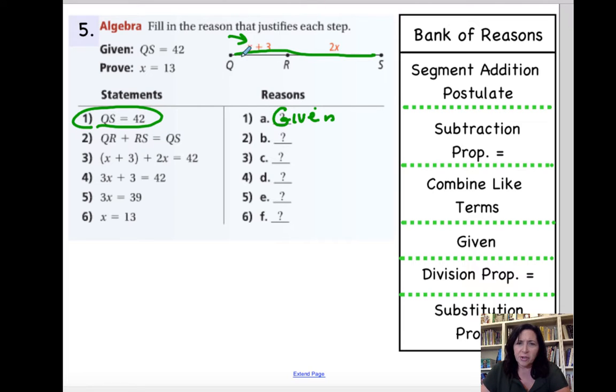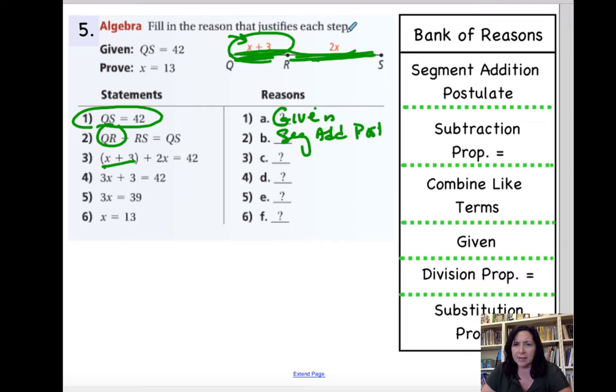Then it says QR, this segment here, plus RS is equal to QS, the whole thing. We're adding segments, so that's the segment addition postulate. Then we replaced QR with x plus 3, and we replaced RS, which is 2x, and that's just the substitution property of equality.